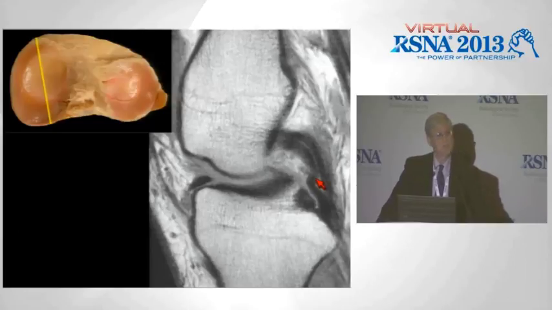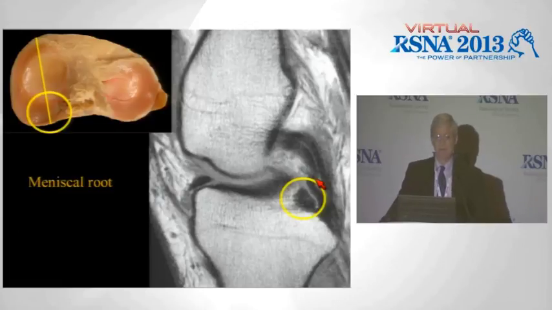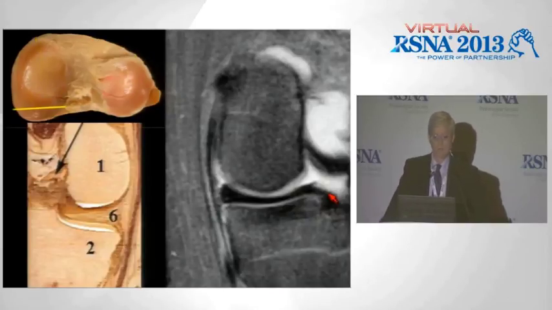So here is what the meniscal root should look like on sagittal images. We can very nicely see that meniscal root. You should see meniscal tissue underneath that PCL. Don't call that a double PCL sign. We're going to see that up here, not inferiorly, where we see the normal meniscal root.